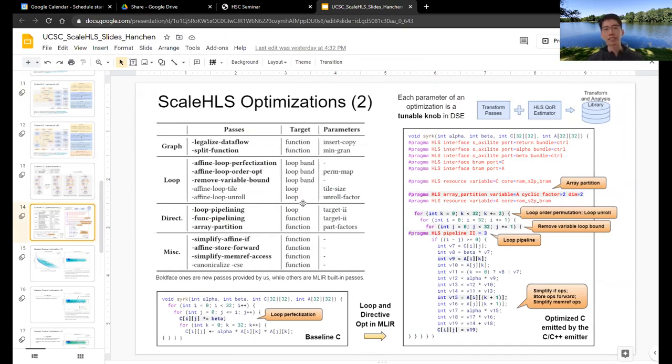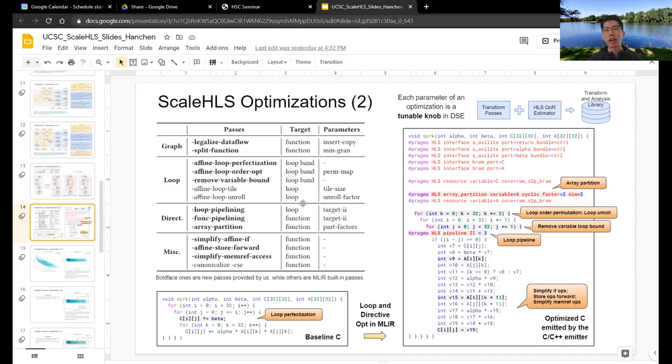You write your own dialect and lower the graph level IR to your own dialect, and then connect the loop level dialect to the HLS C++ emitter to emit it, or if you prefer to lower it to LLVM, then you lower to LLVM and pass to the LLVM compatible dialect.